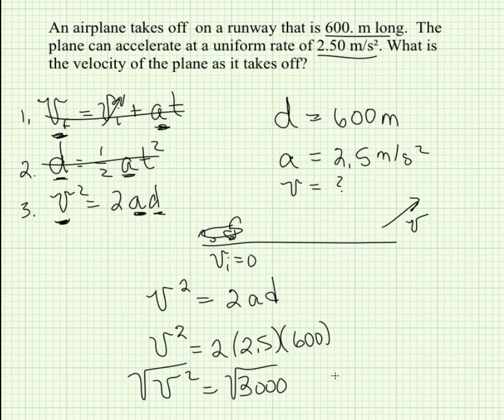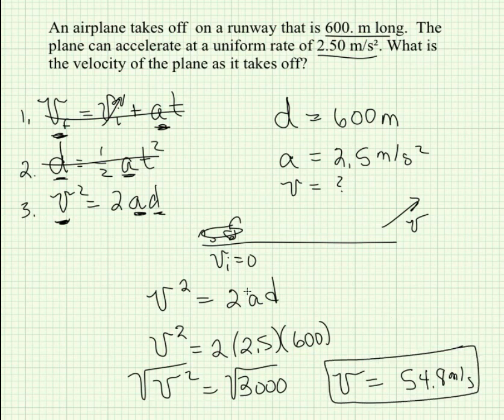We take the square root, and when we do that, we get 54.8 meters per second. So do you see that when I'm doing the math, I'm not including the unit? But where does the unit end up? It always ends up with the answer because any measurement has both a number and a unit.